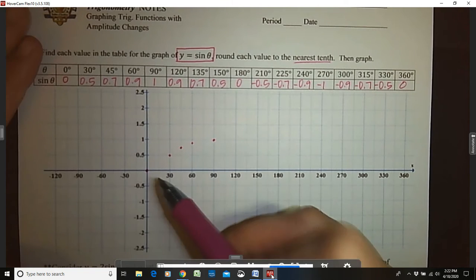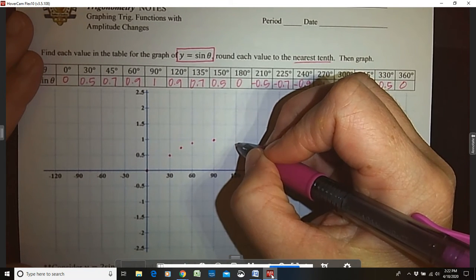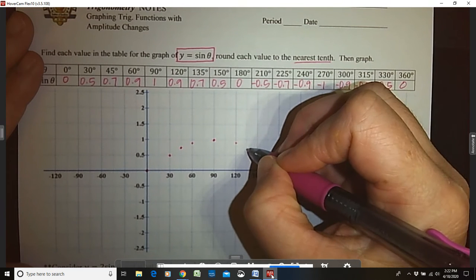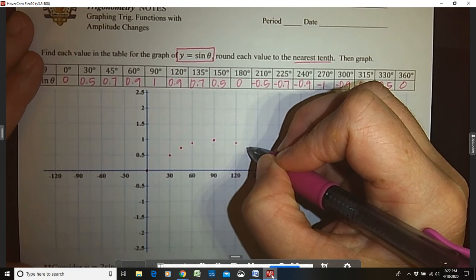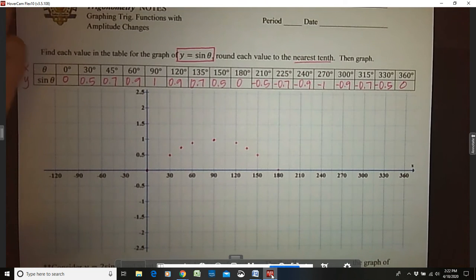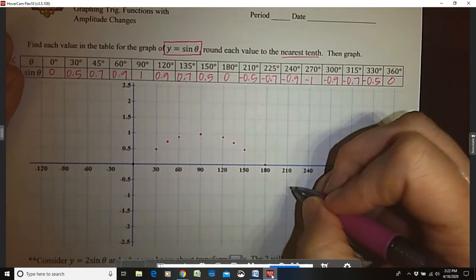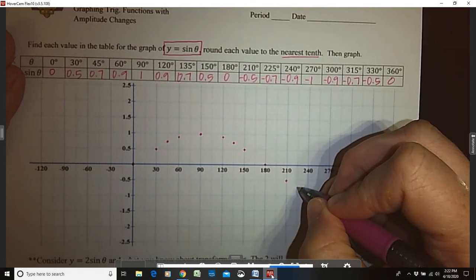So you can see this is definitely more of a curved graph. And as I keep going down, you can see now it looks kind of like a hill right there. Then I drop into the negatives.